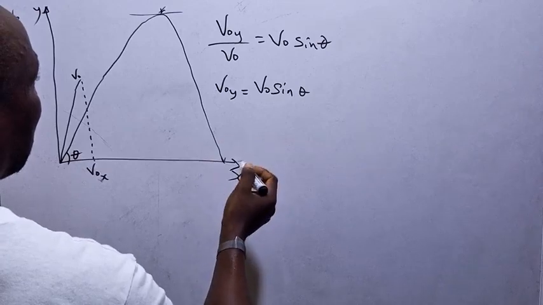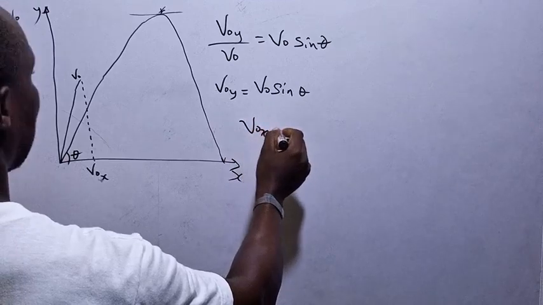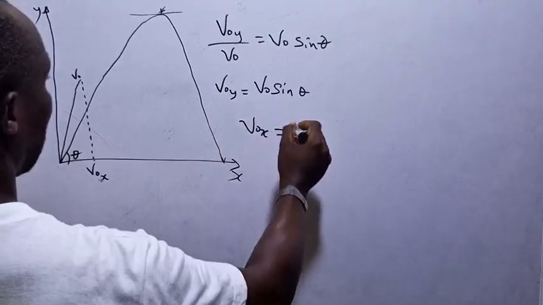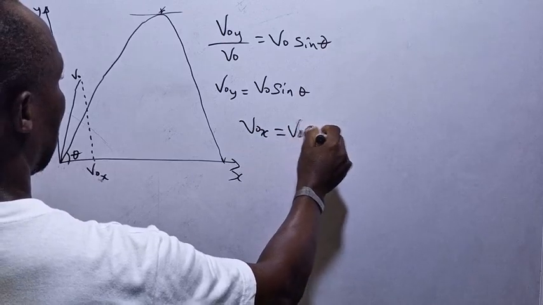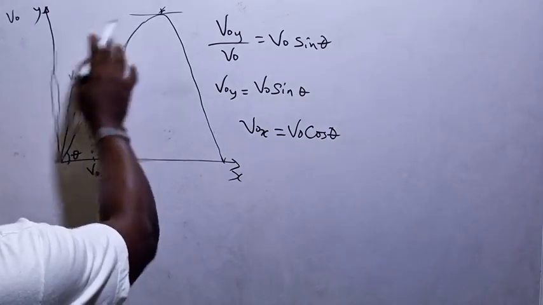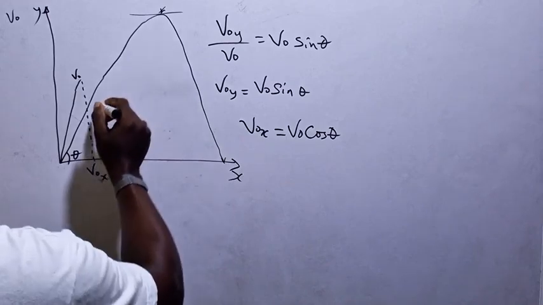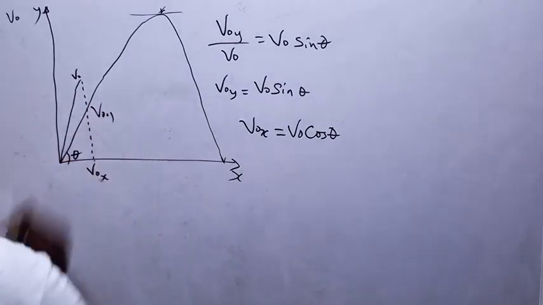We also have that v naught x on the x-axis is equal to v naught cos theta.